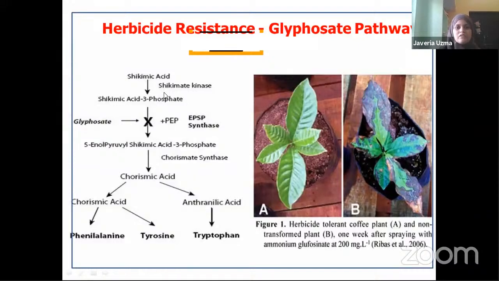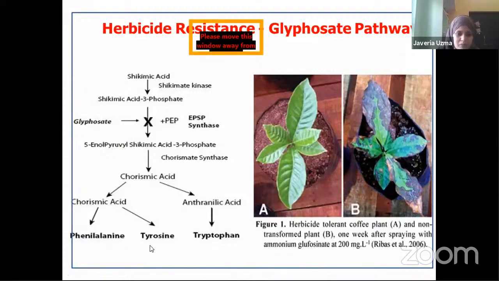So this is the pathway which is attacked in creating the herbicide resistance gene. There is a chemical known as glyphosate, present in herbicides. This glyphosate will block this pathway. This is an amino acid pathway where three important aromatic amino acids are synthesized in plants for their growth.